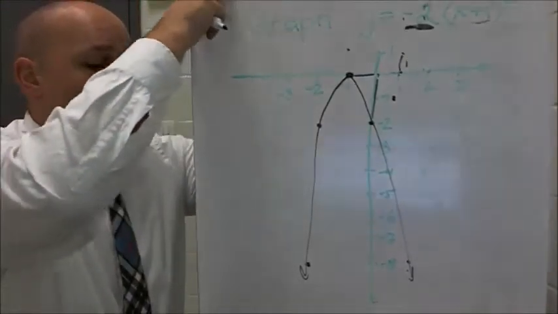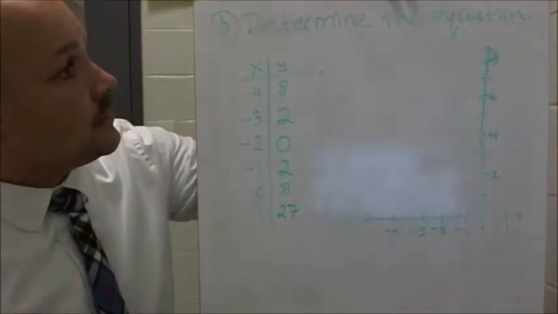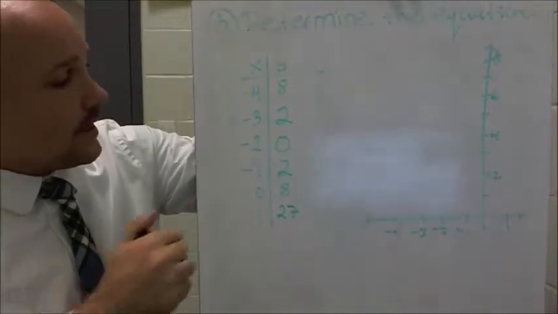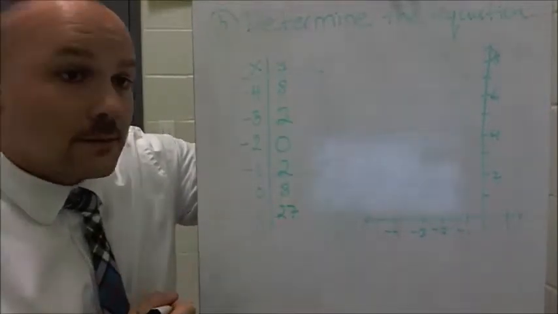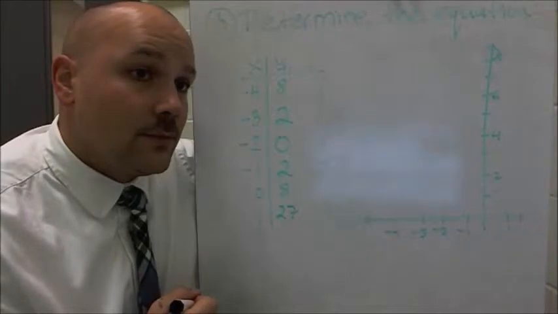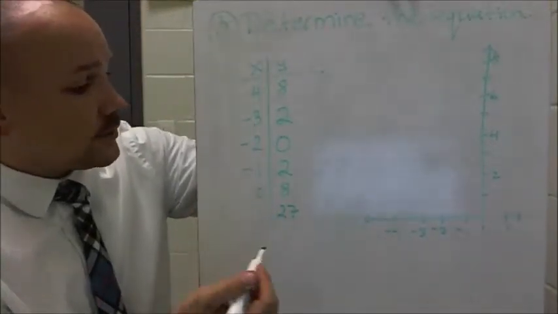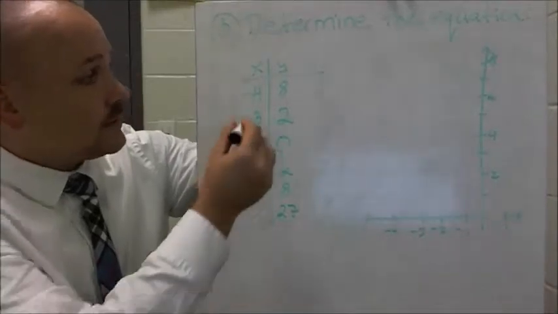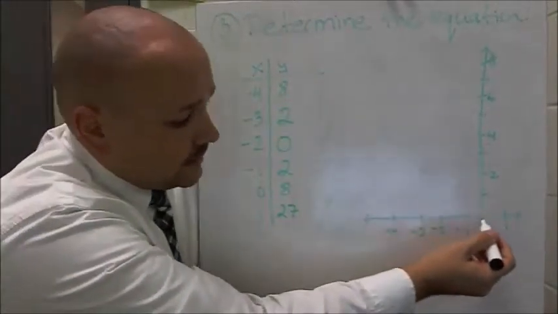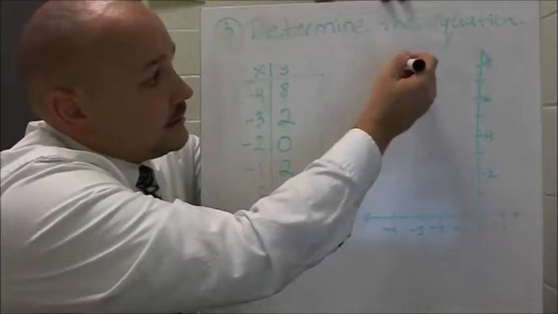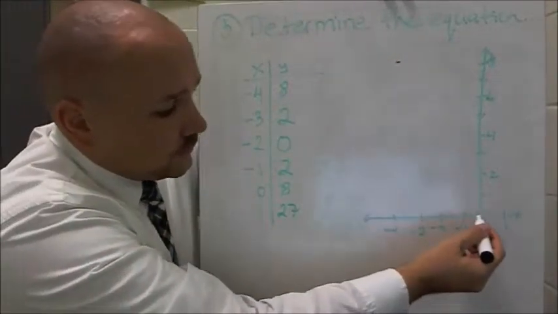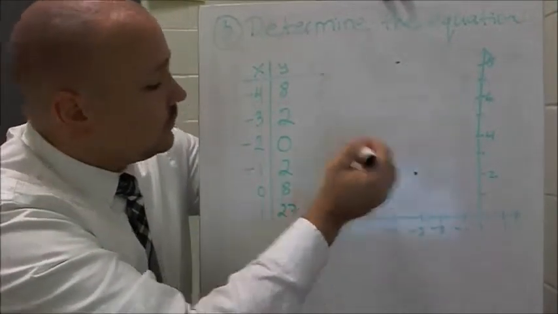All right, let's look at one more. Determine the equation. We have our numbers here. One thing we could do is say, if I have these points, why don't I plot them and see what happens? So let's plot the points. Negative 4, 8. Negative 3, 2.